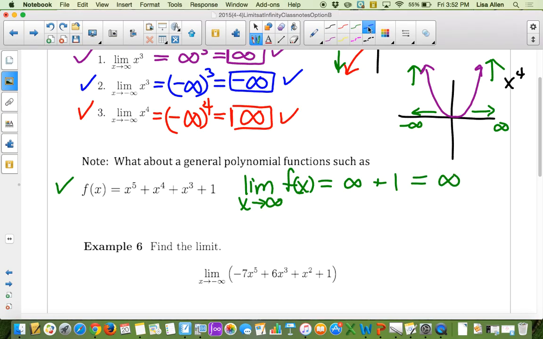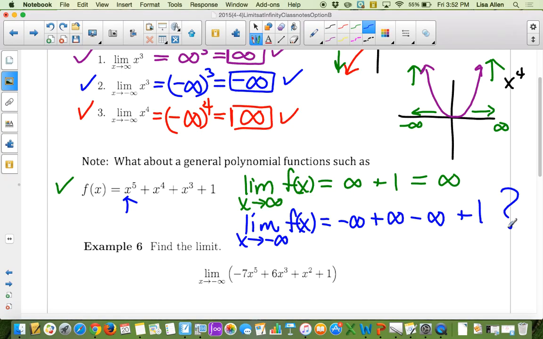The question is, what happens mathematically when we say the limit as x goes to negative infinity of f of x? Because now x would be negative infinity, so we have negative infinity to the fifth would be negative infinity, to the fourth would be positive infinity, negative infinity to the third would be minus infinity, and then you have plus 1.